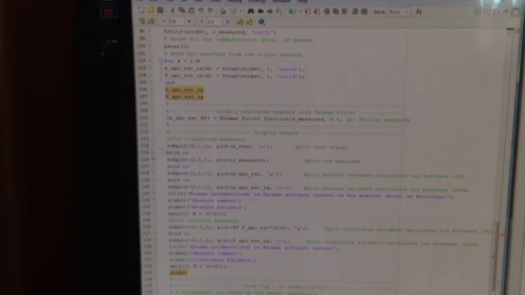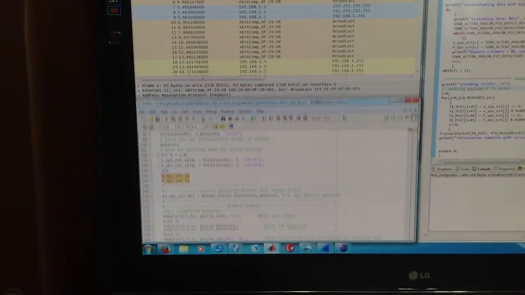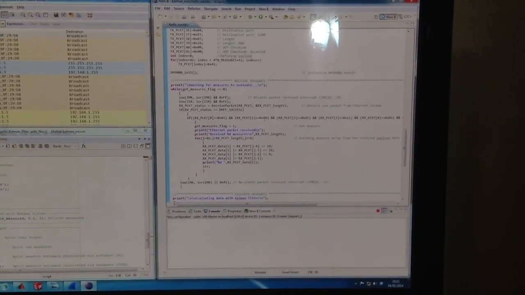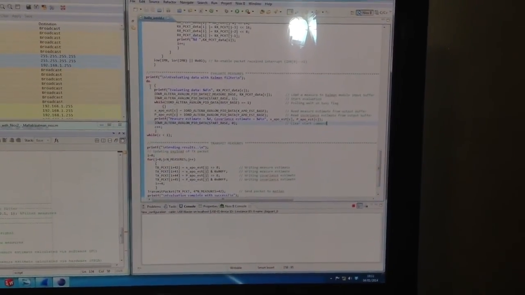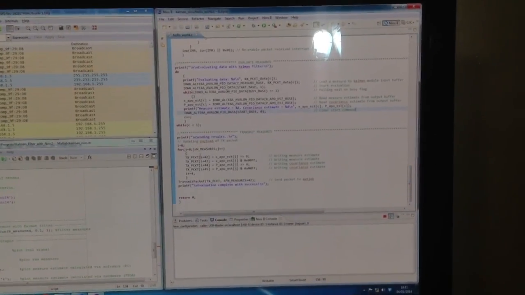Finally, graphic results. Okay, on the right we see the C code that is executed by the Nios II: the initialization, the UDP packet receiving routine, the evaluation of the sample, and the transmission of the results.